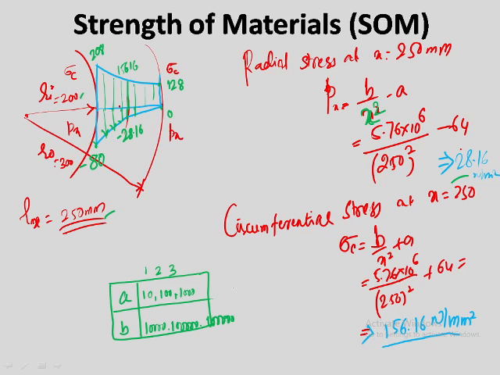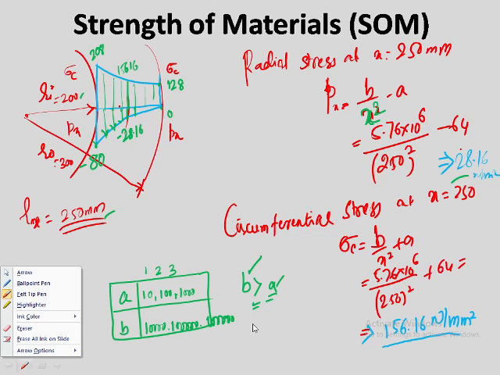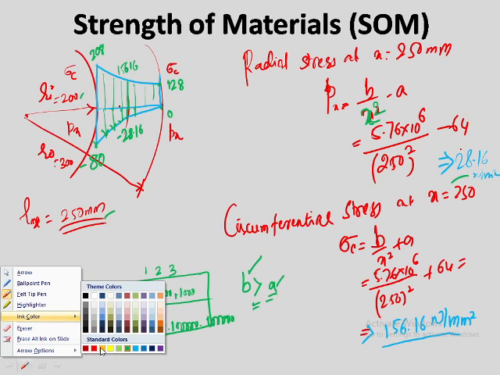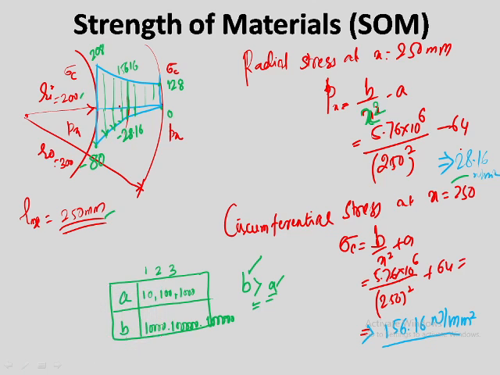Keep in mind, the value of b is always greater than a. If you got b greater than a, then you have solved the problem 100% correct. If you got a value of b less, then somewhere you made a mistake. Please cross check those conditions.